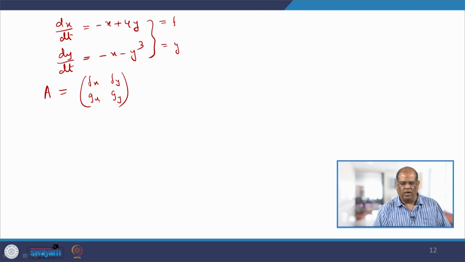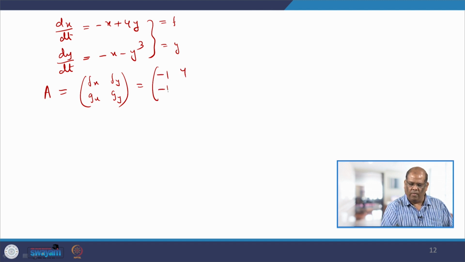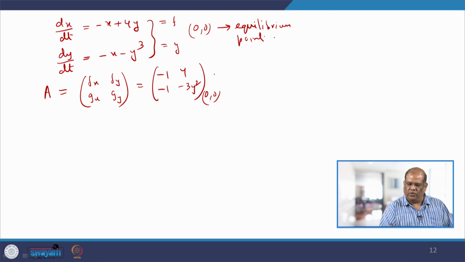We have already done this, and you will find these values as minus 1, 4, minus 1, minus 3y square at the point 0 0, because clearly 0 0 satisfies this equation and 0 0 is the equilibrium point. So, at 0 0 this becomes minus 1, 4, minus 1, 0.